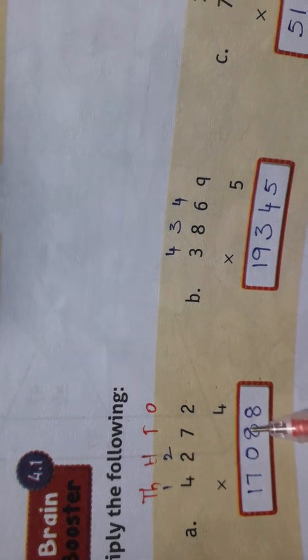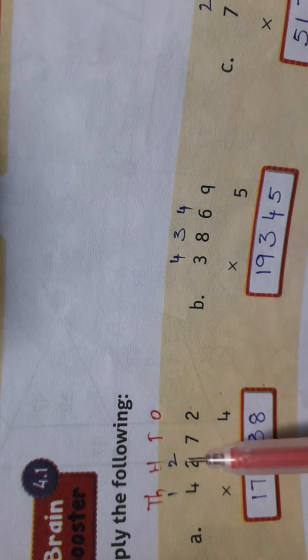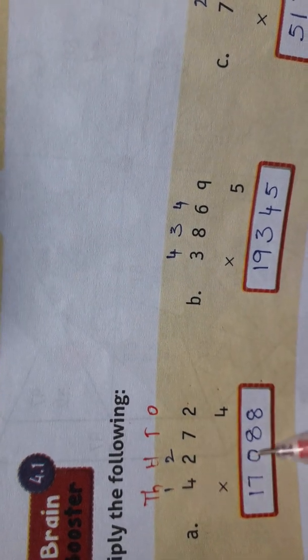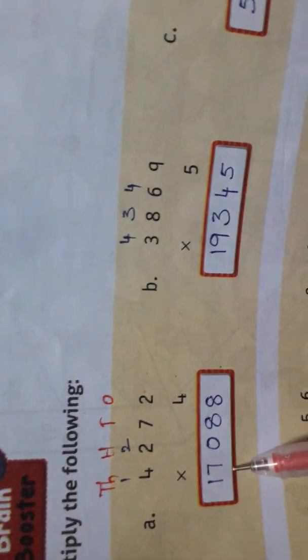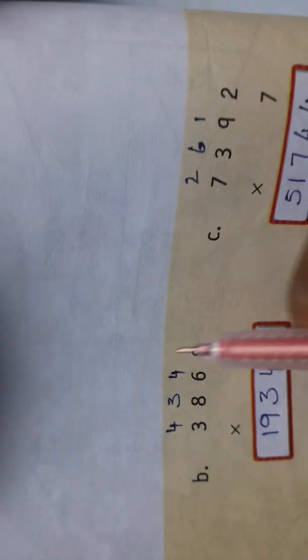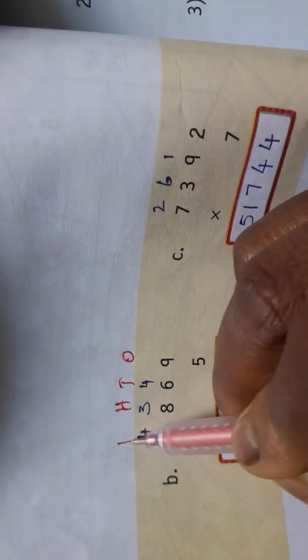So 28. Now 4 twos is 8. 8 plus 2 is 10. 4 fours are 16 plus 1, 17. Now the second sum. Again write ones, tens, hundreds, thousands.